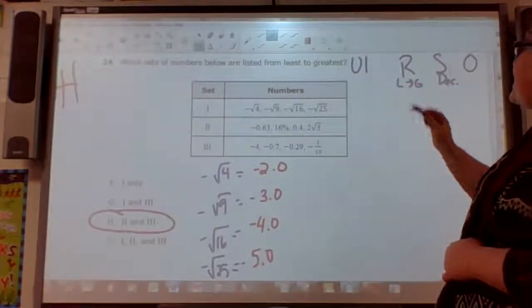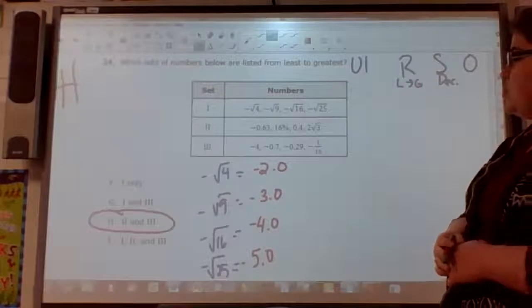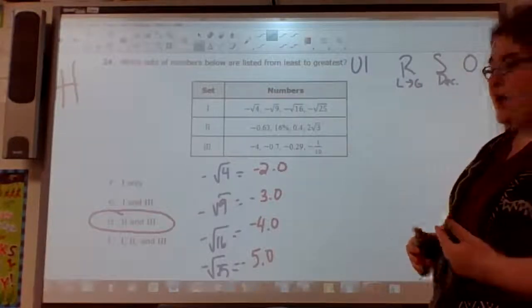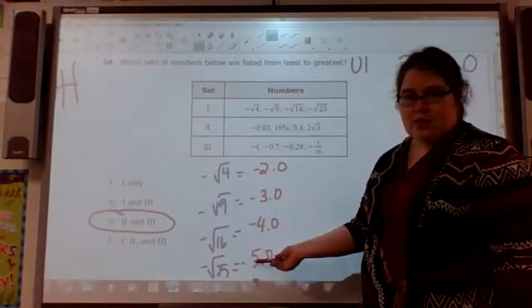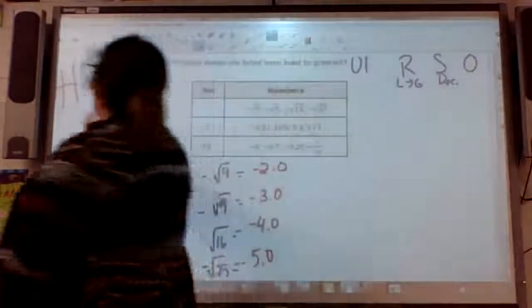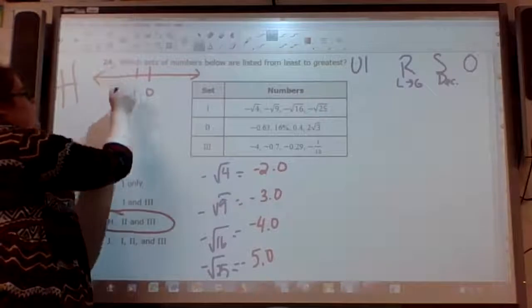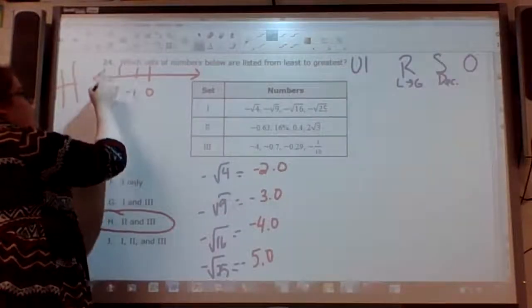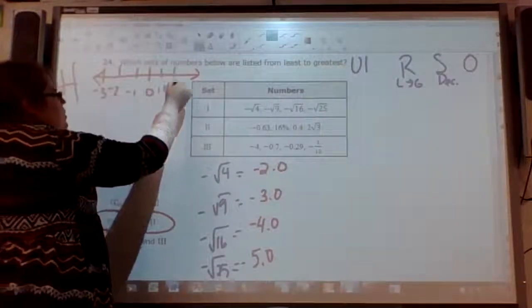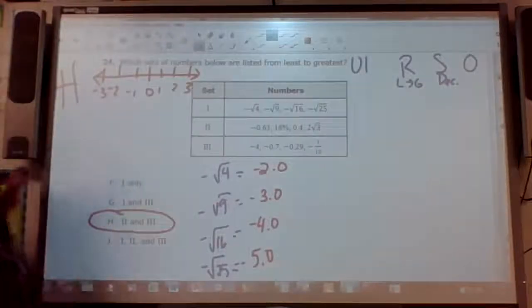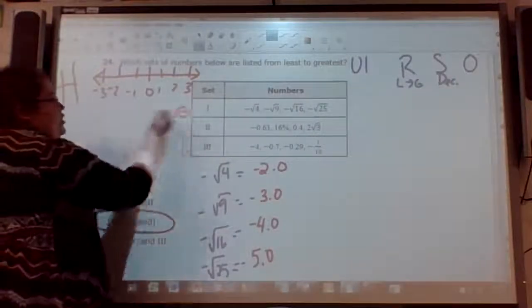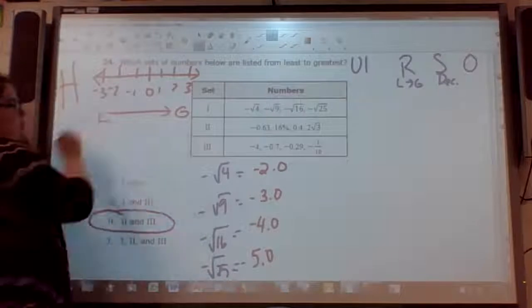And then we need least to greatest, so I'm looking from the left to the right. However, these are all negatives. So on negatives, I go back to my number line, and I notice it gets greater going to the right.